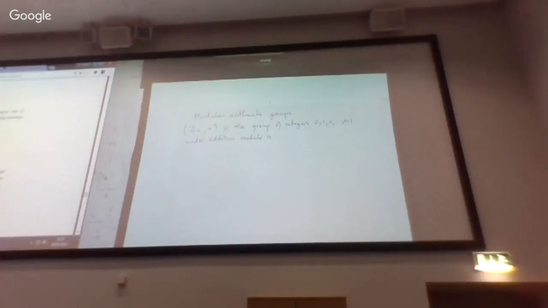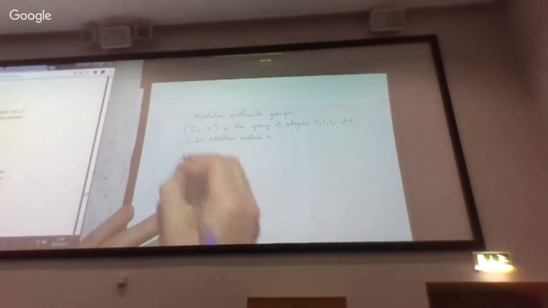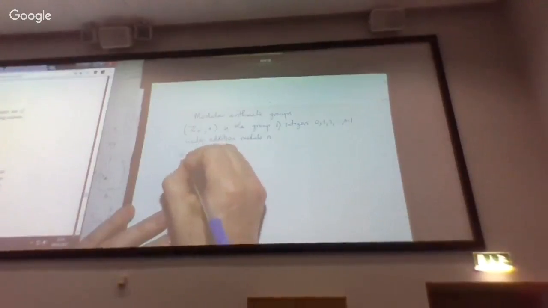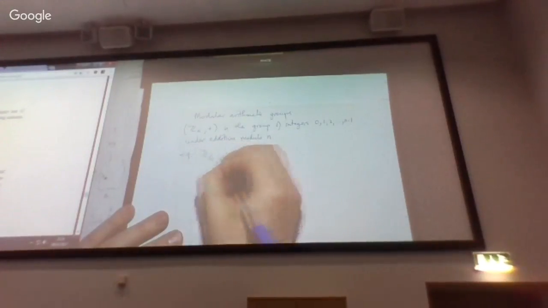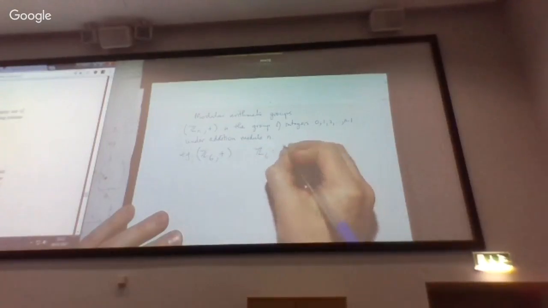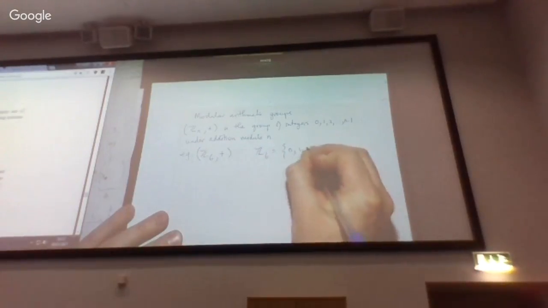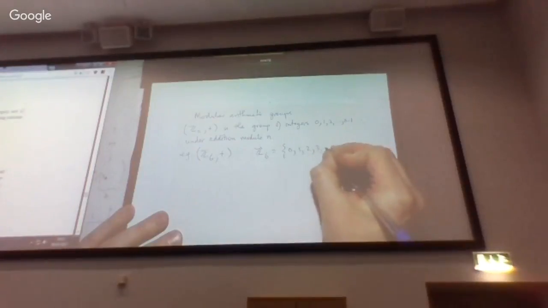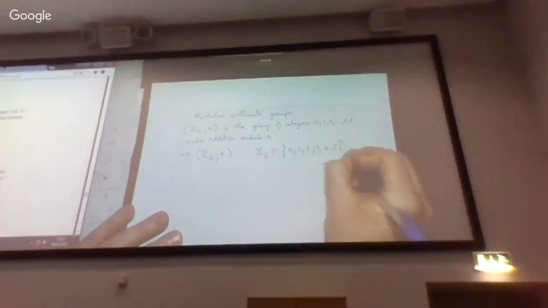Okay? So for example, we want to look at Z6. Z6 as a set just consists of the integers 0 through 5.